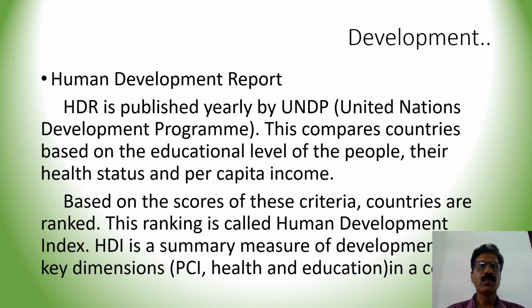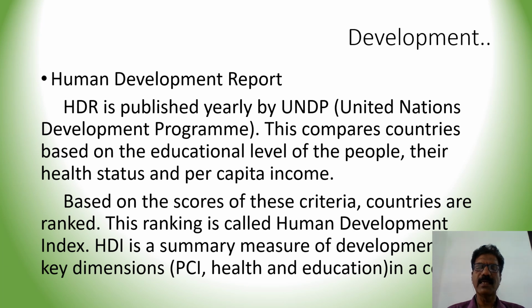Now we come to Human Development Report. This Human Development Report is a report published annually by UNDP, United Nations Development Program. This is an organ of UNO. This report is used to compare countries based on the educational level of the people, their health status, and per capita income.